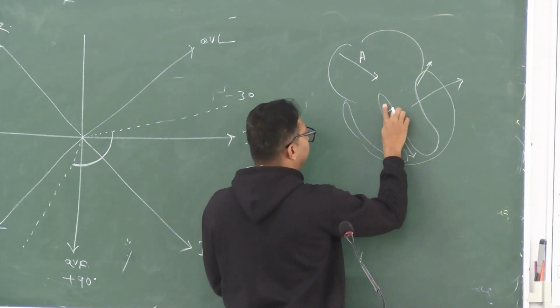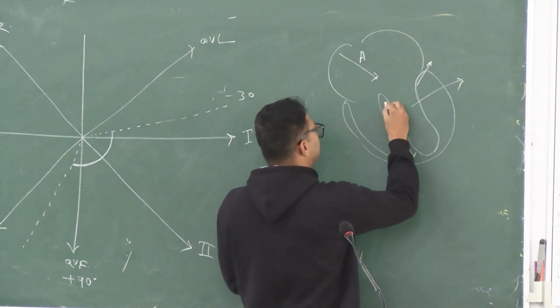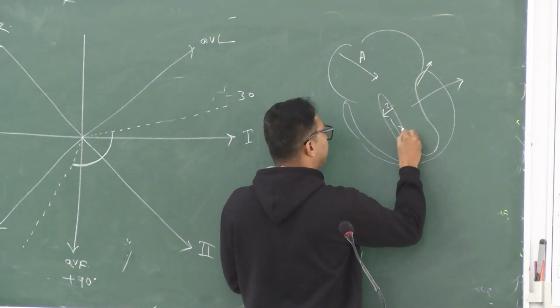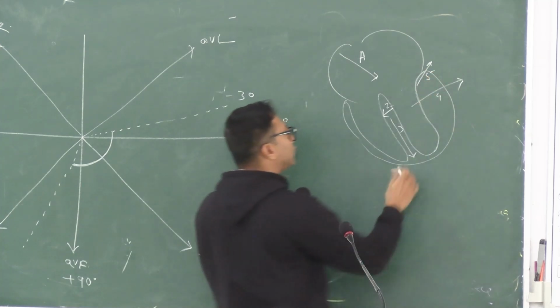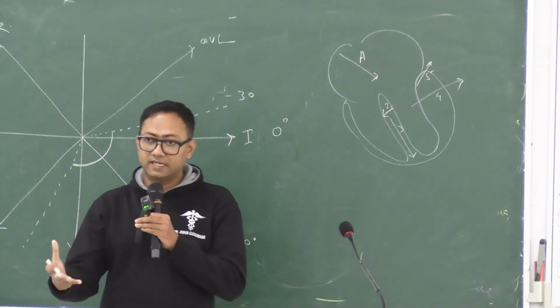These are not leads, so they are ventricular vectors 2, 3, 4, 5. If I combine these, we get a resultant vector.